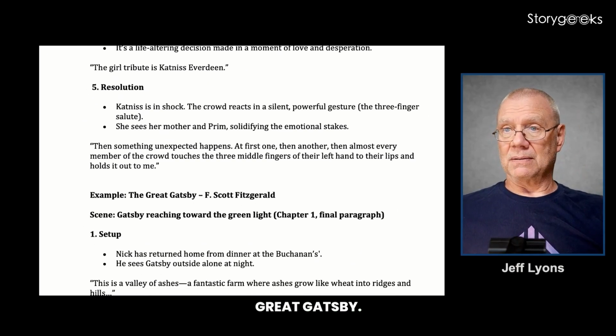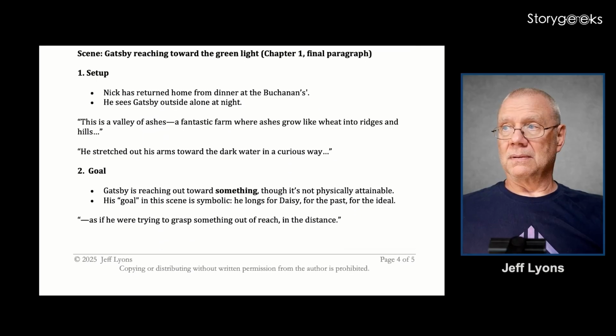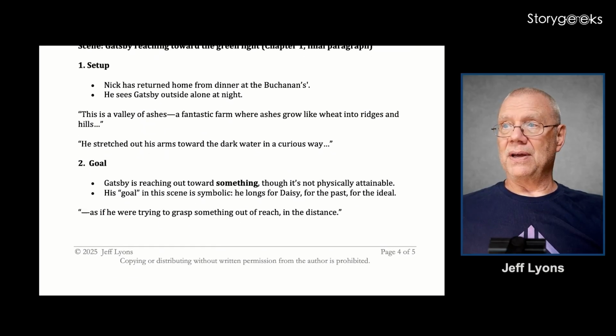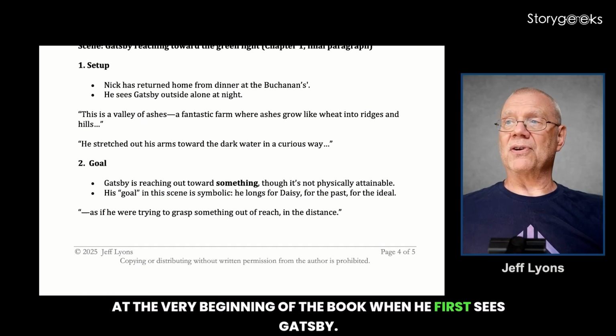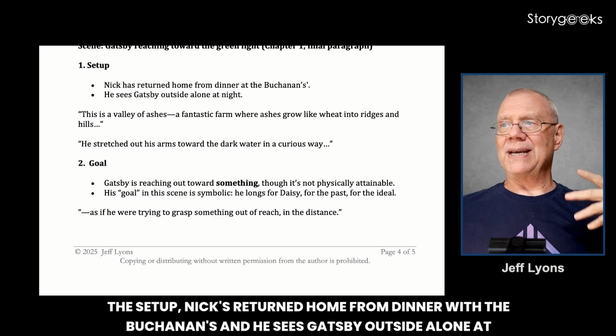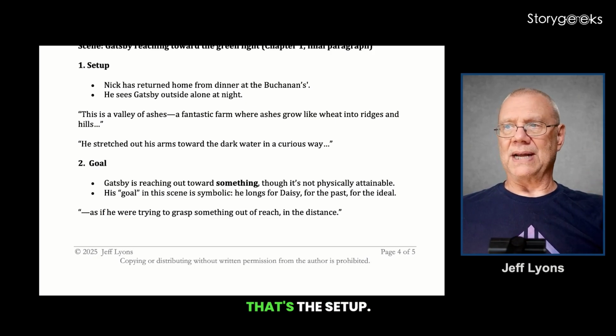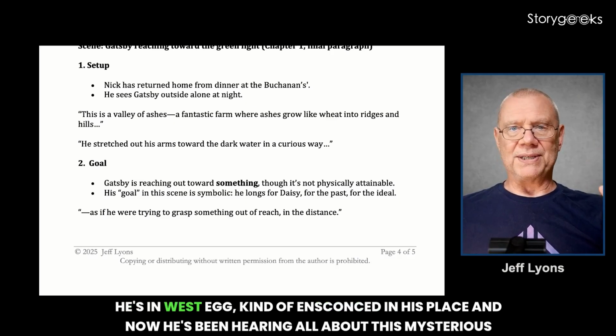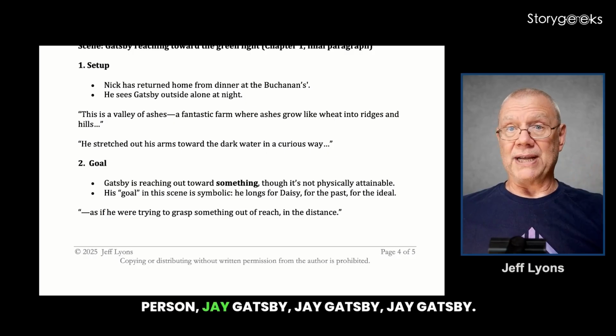Great Gatsby. At the very beginning of the book, when he first sees Gatsby, the setup: Nick's returned home from dinner with the Buchanans, and he sees Gatsby outside, alone at night. That's the setup. He's in West Egg, kind of ensconced in his place, and now he's been hearing all about this mysterious person, Jay Gatsby.